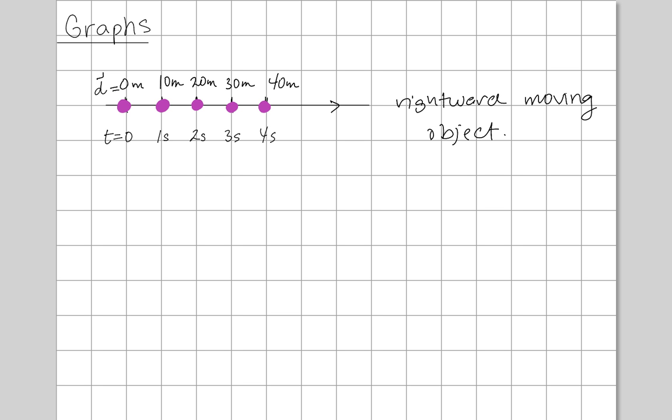All right, so by looking at this object, you have to imagine that at each interval of time, it's changed its position. Would you call this uniform or non-uniform motion? Good, this is uniform. Why is it uniform motion?